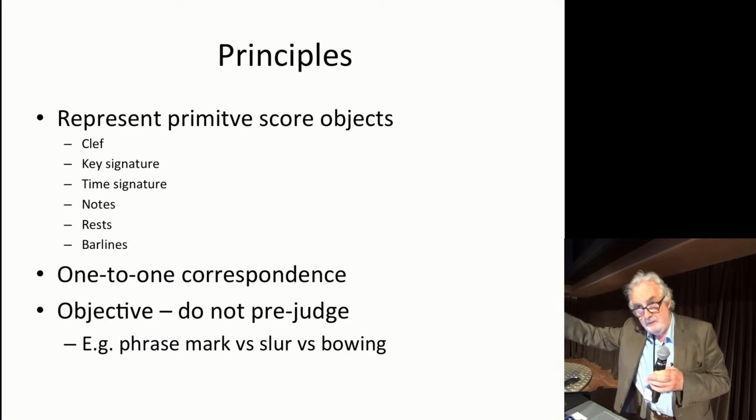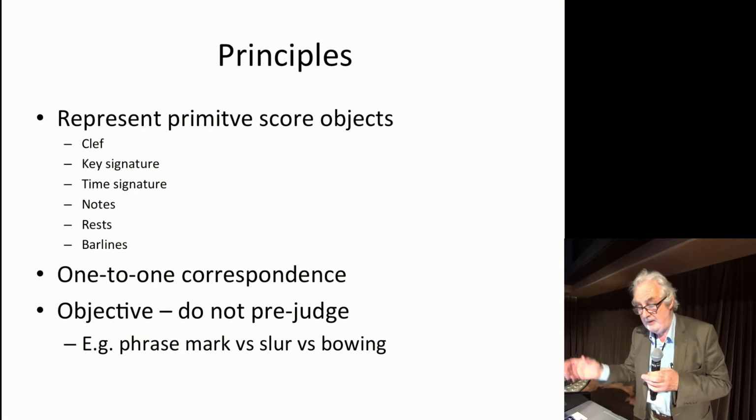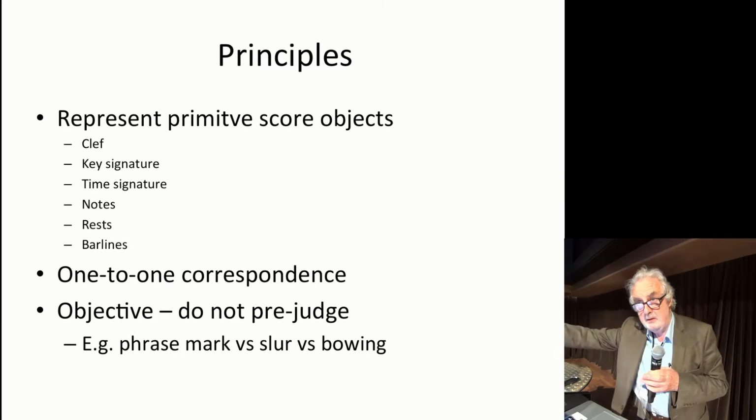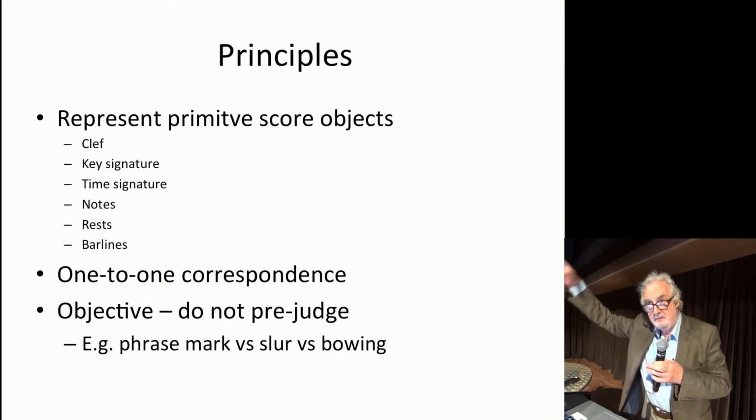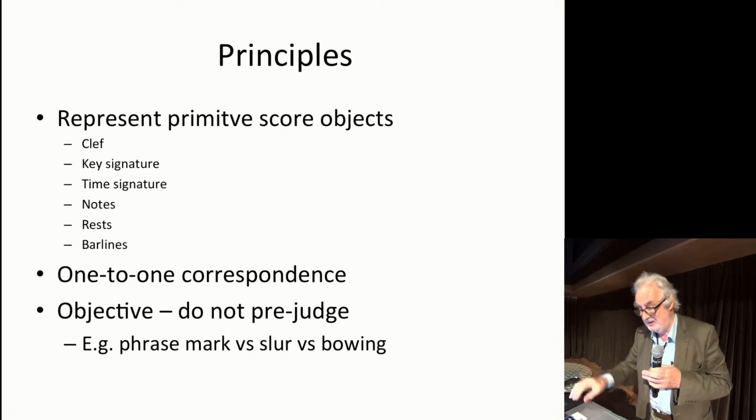For example, a curved line on a score can be a phrase mark, it can be a slur, it can be a bowing instruction if it is for strings. So I just recorded at the basic level that this is a curved line, and maybe at some higher level a decision can be taken on what it is. But this is necessary to completely objectively represent the score.